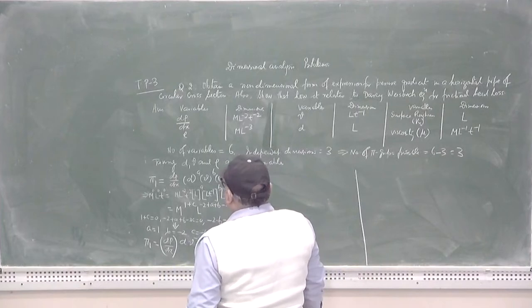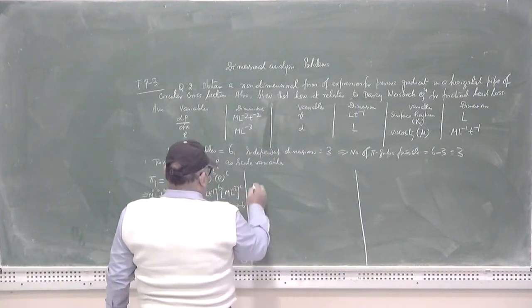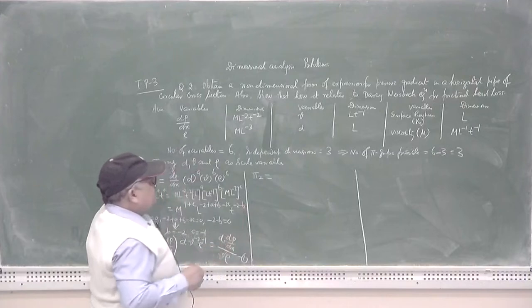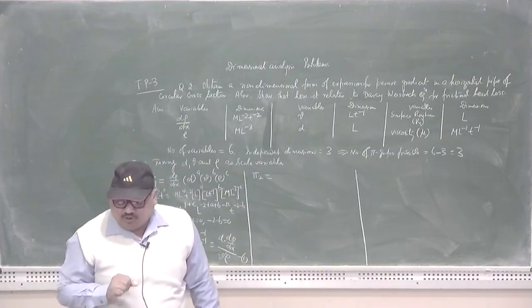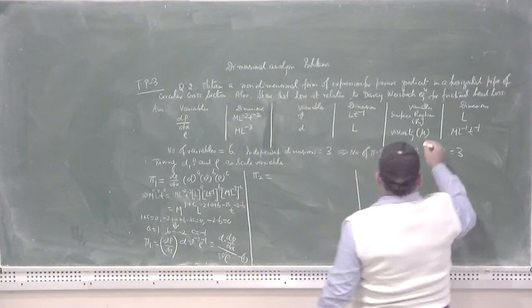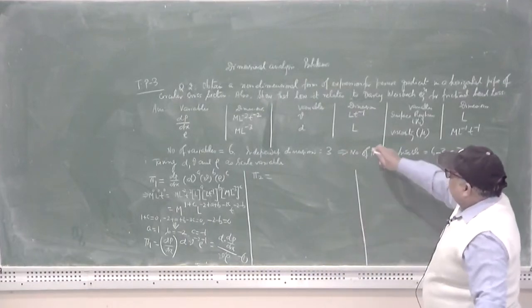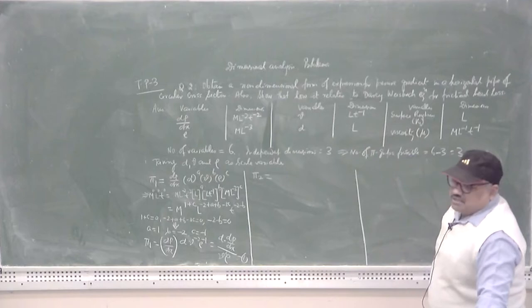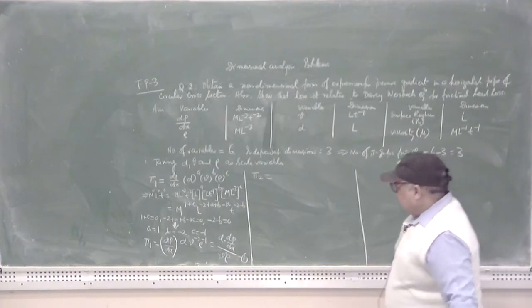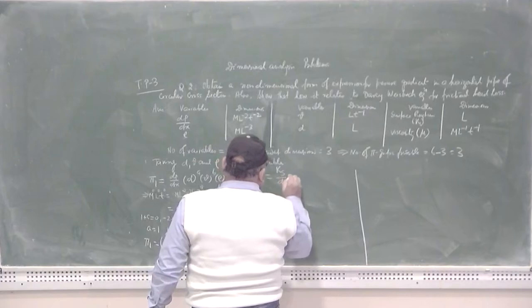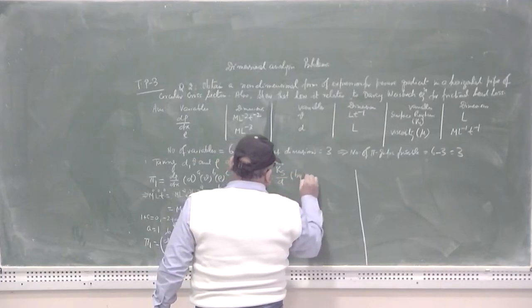Let us try for the second group, pi 2. Now, here you should apply some common sense. Here you can easily see that the surface roughness and the characteristic distance both have the same dimension. So, pi 2 is equal to Ks upon d, this is by inspection.